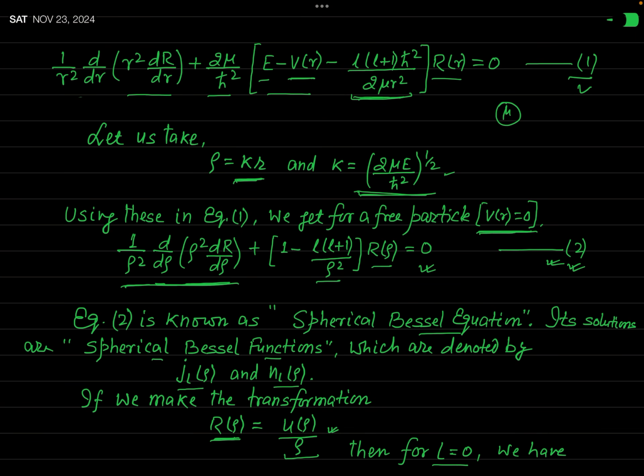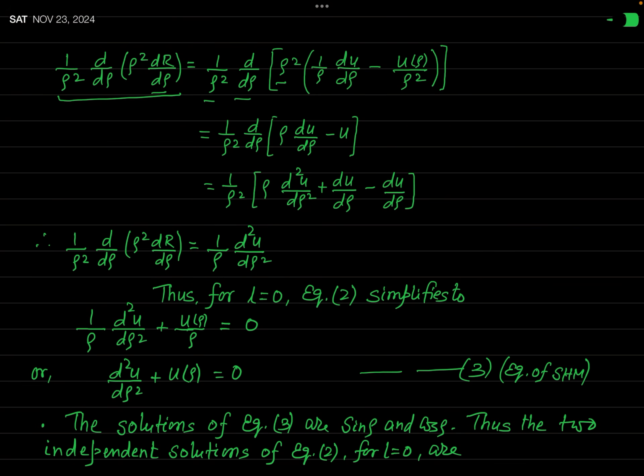So let us differentiate this u over rho with respect to rho. This will be 1 over rho times du by d rho minus 1 over rho square times u of rho. This is just a product of two functions, one is u and another is 1 by rho. Now multiply by this rho square to the terms inside this bracket. After multiplication, you can see this is rho times du by d rho minus u of rho.